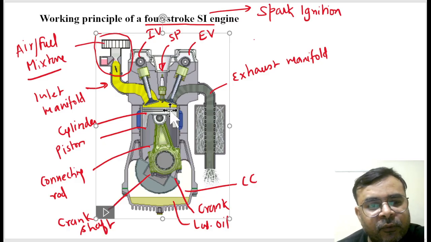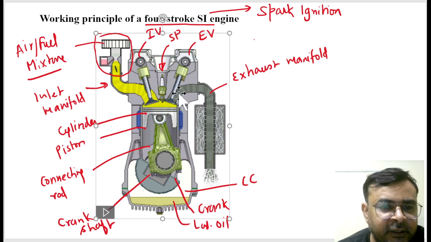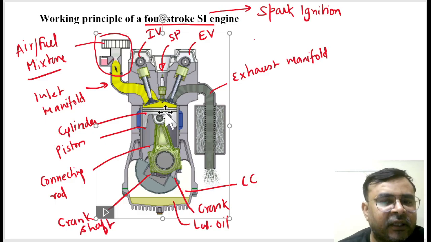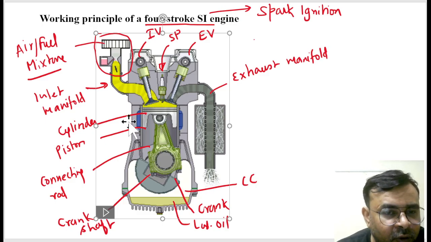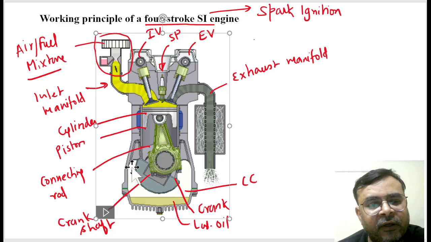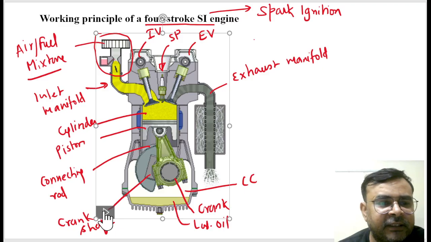When your piston is moving from top dead center towards bottom dead center, the inlet valve gets open and the exhaust valve gets closed, and whatever air fuel mixture we have enters into the cylinder. Is it right? This process, in which the air fuel mixture enters into the cylinder, is called the suction stroke. You can say this suction process happens continuously. Yes or no?